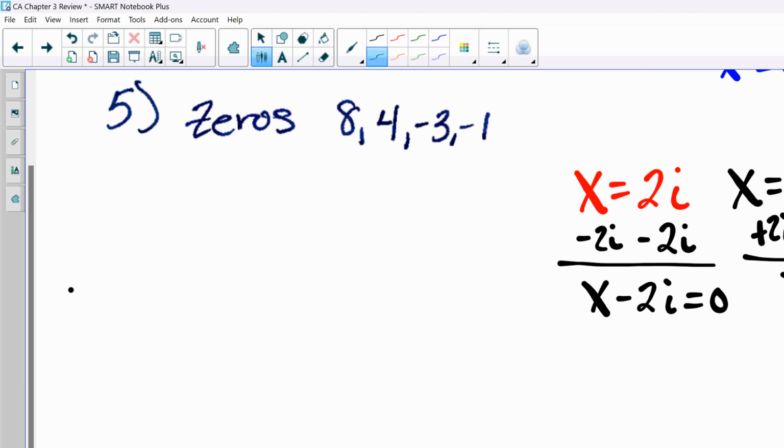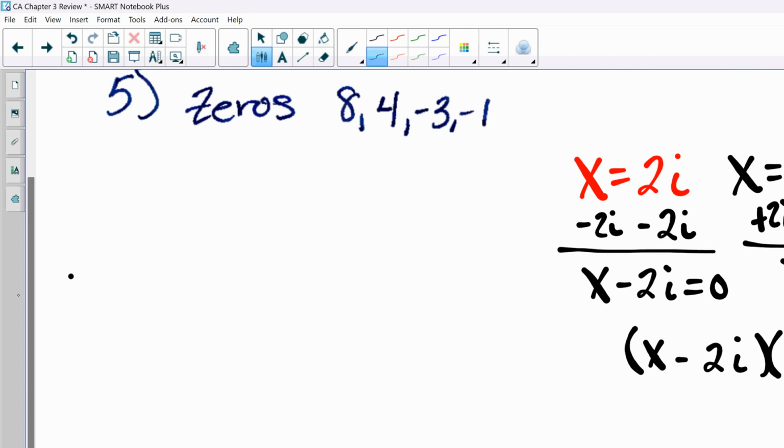And the last one we just add 2. Now once we do this, our next step is to multiply all these together.